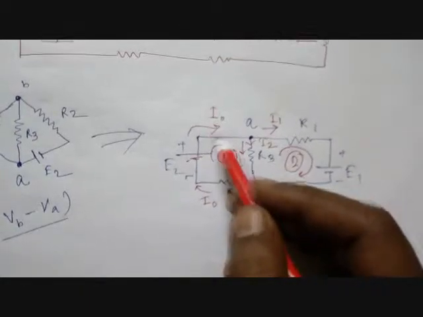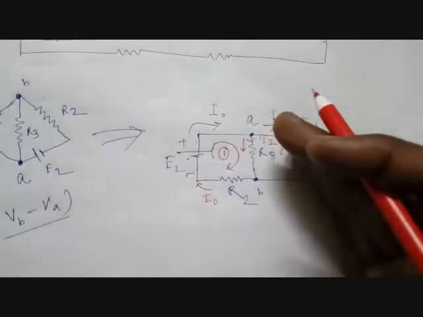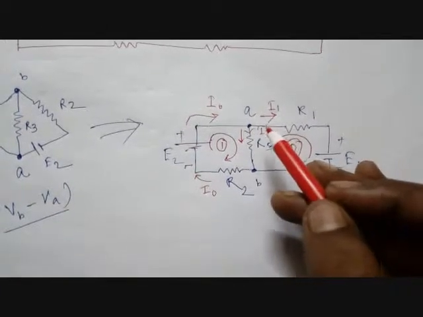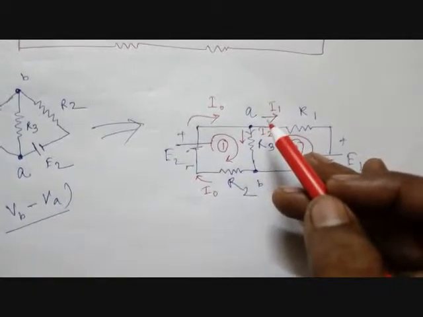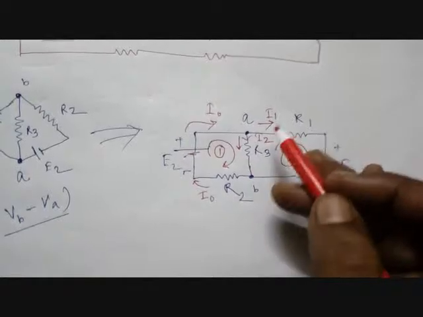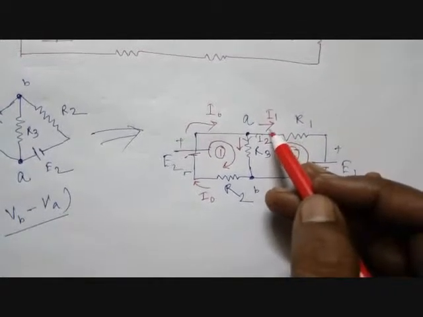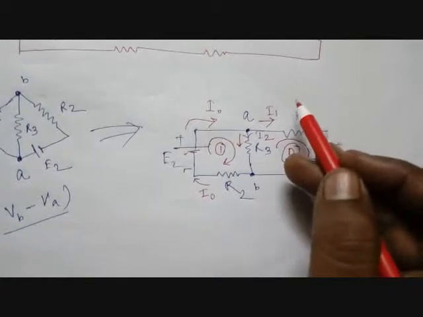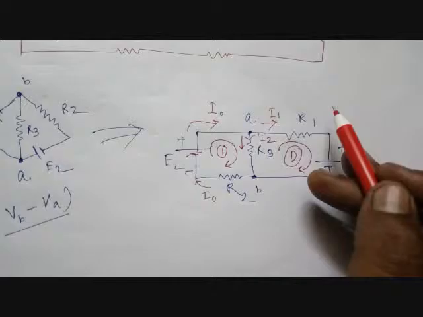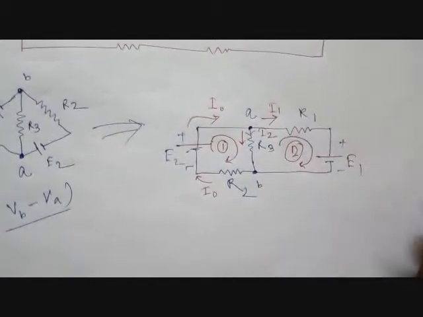If I0 and I1 come out positive as per my consideration, then the direction is from left to right. But if I0 and I1 come out negative, you just have to change the direction of the current. Suppose I1 comes negative, then I1 will be directed from my right to left.